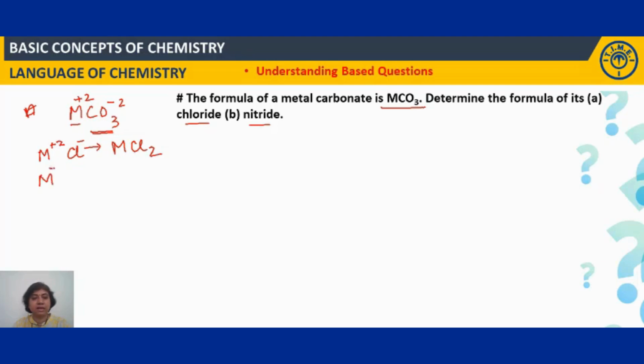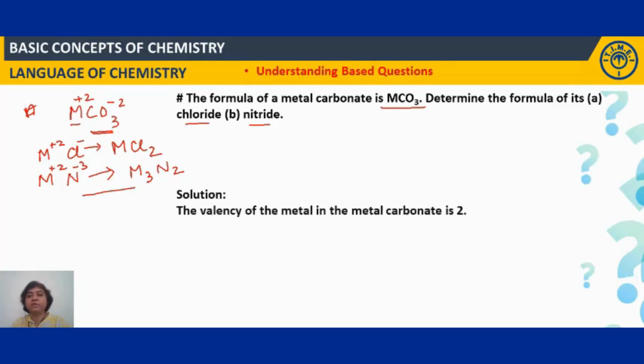Nitride, M plus 2, nitride is N minus 3, crisscross, M3N2. We are done with this. Okay, noted down everything. Let's see the solution. Fine, good. Solution is, the valency of the metal in the carbonate is 2, chloride is MCl2, nitride is M3N2. Okay, so let's move on to the next question.